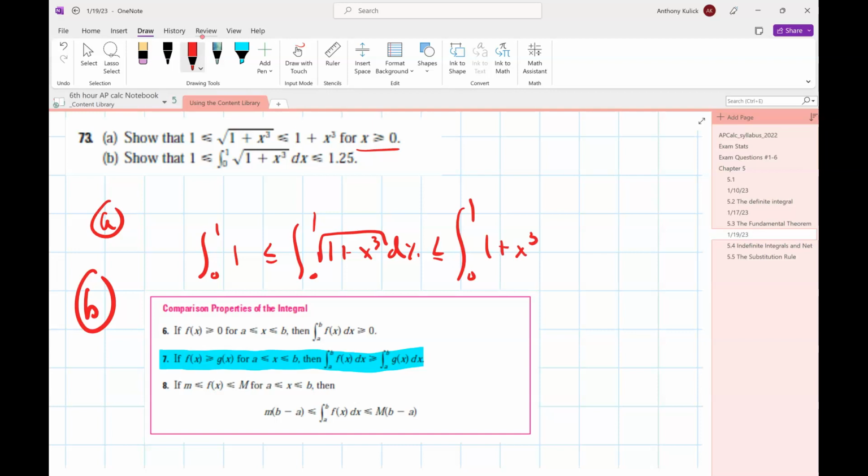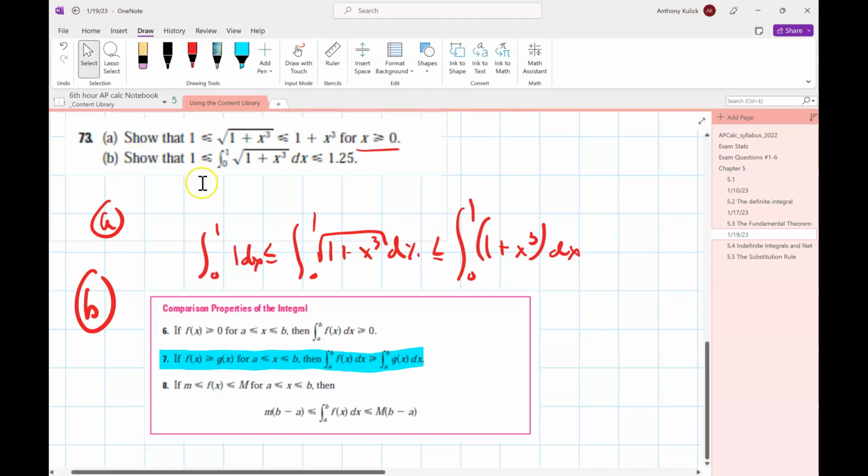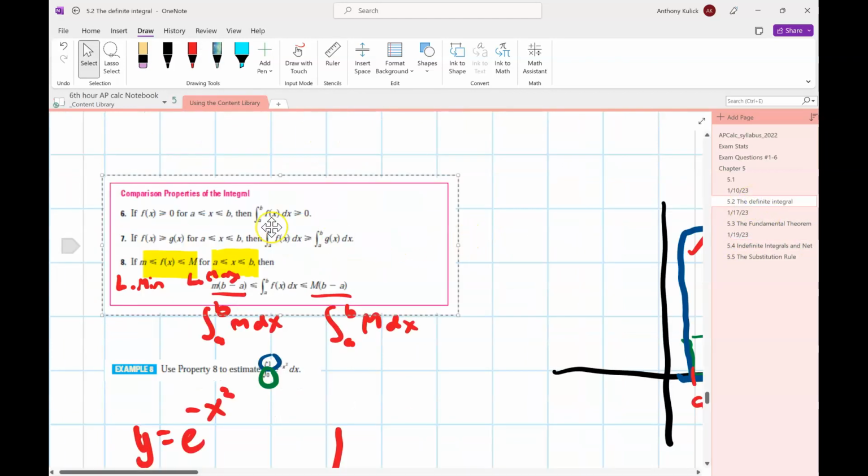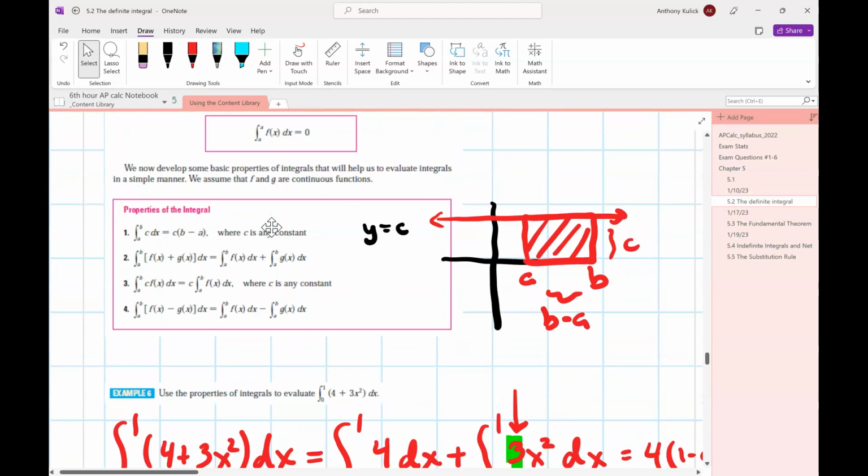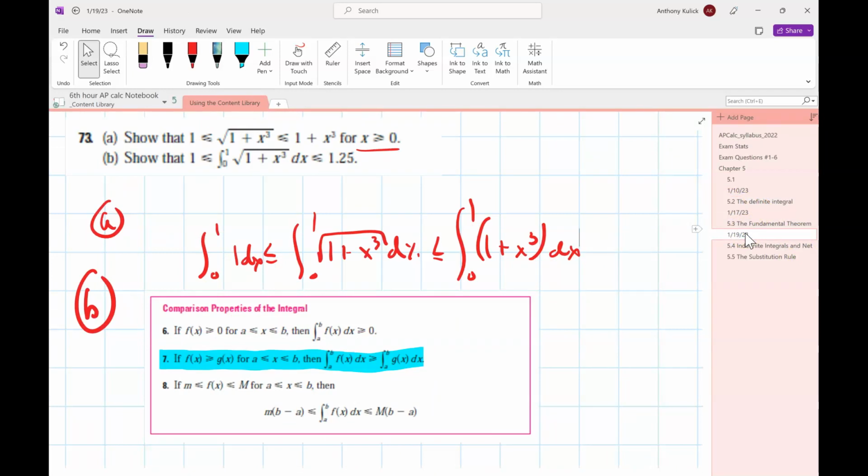Now, forgot dx. Okay. This part is easy. That's a 5.2 property right here. So that's a constant. Integral of a constant is just going to be the constant times b minus a.